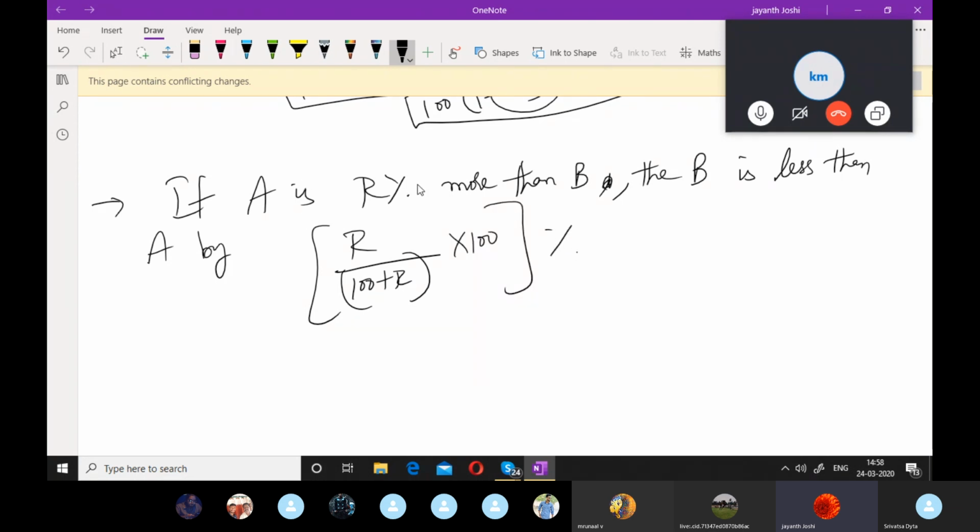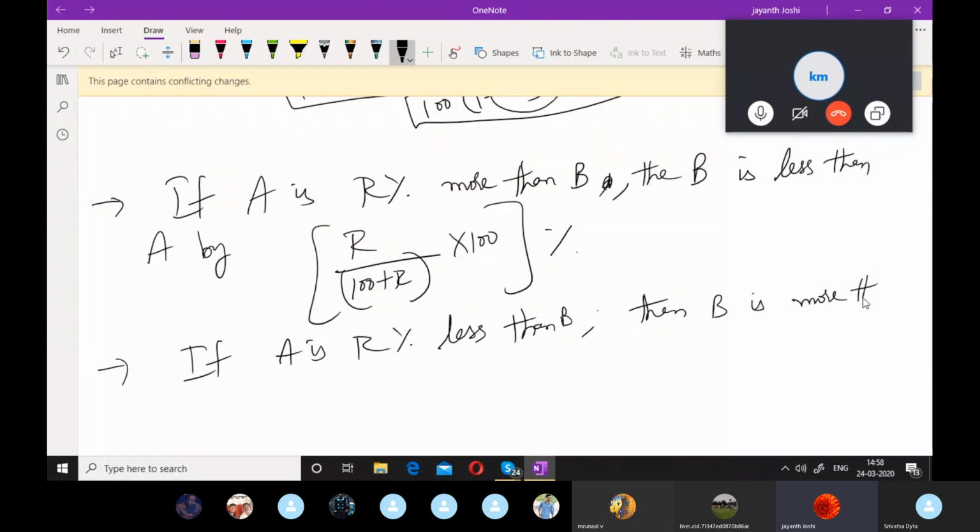If A is R percent more than B, then B is less than A by this much percent. And if A is R percent less than B, then B is more than A by R by (100 minus R) into 100 the whole percent. Write down this.